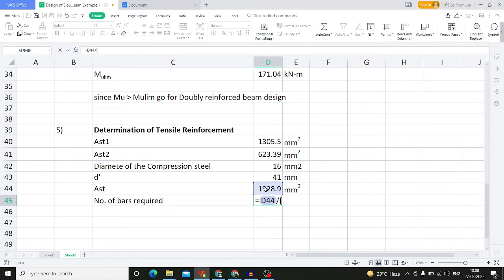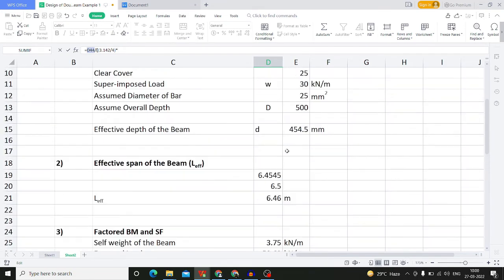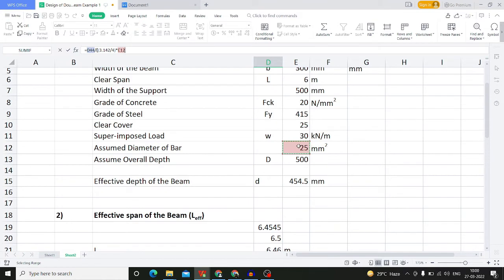The area of a bar is pi by 4 into d square. We can take the value of pi as 3.142, divided by 4, in bracket, into d square, 25 into 25, bracket close.